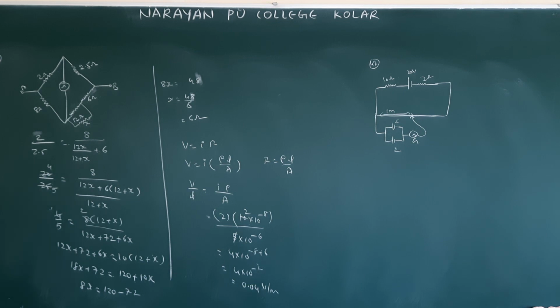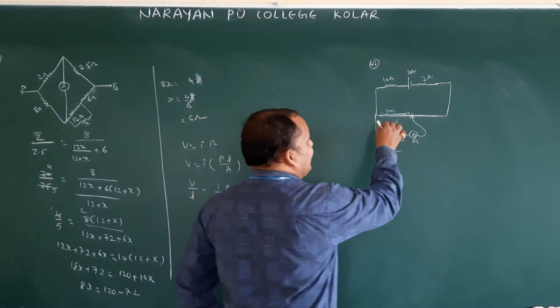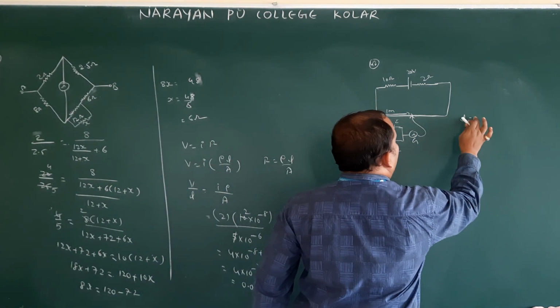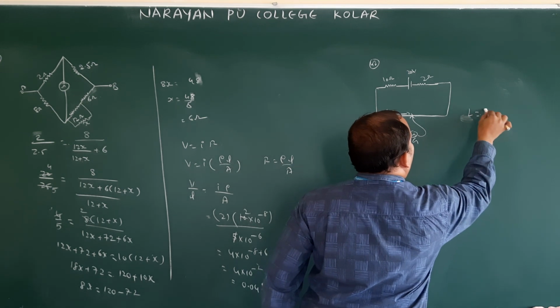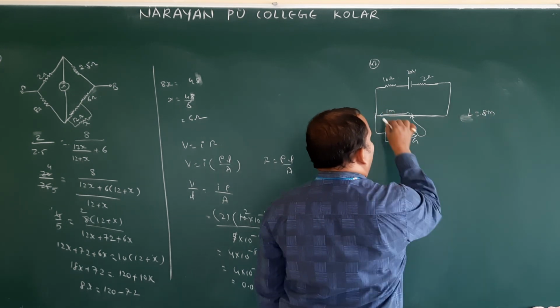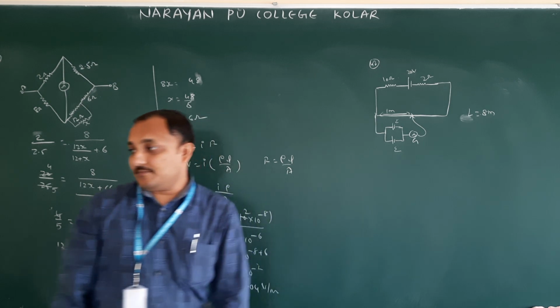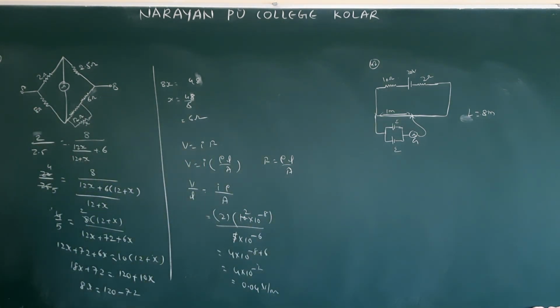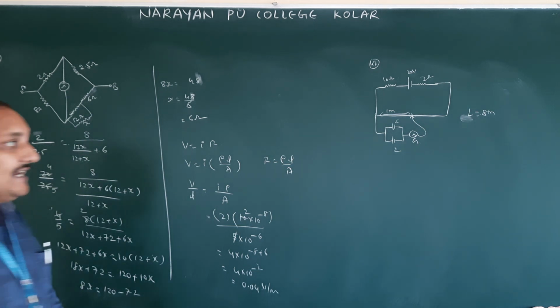A parallel combination of 2 identical cells is balanced across 1 meter. Then what is the EMF value of each cell? This total length they gave, 4 meters length and 8 ohms resistance of the wire.